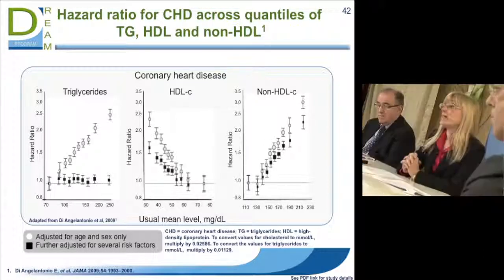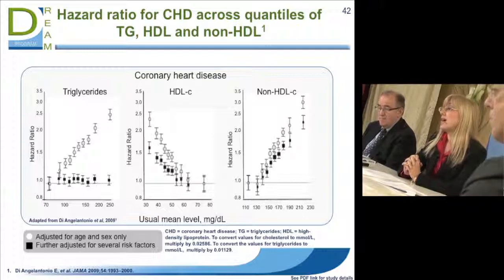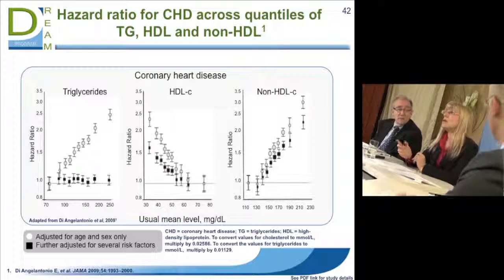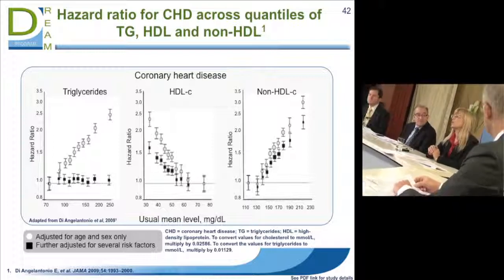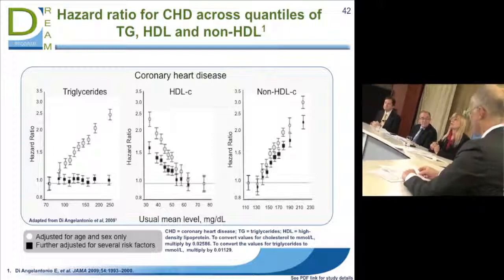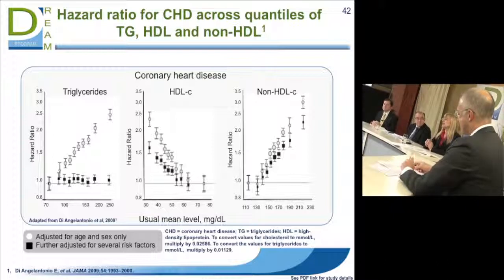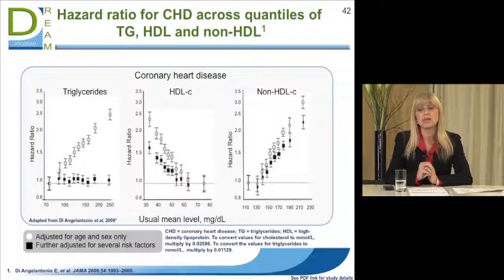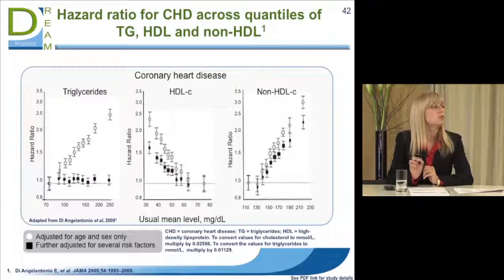Both high triglycerides and low HDL have been shown to contribute to cardiovascular risk independent of LDL cholesterol levels. The Emerging Risk Factors Collaboration looked at 68 prospective long-term studies in more than 300,000 patients and showed us that there was a strong negative association of HDL cholesterol with cardiovascular risk. And this persisted even when adjusted for other risk factors.